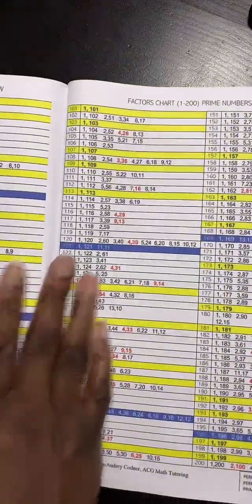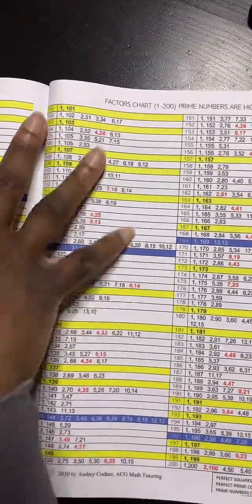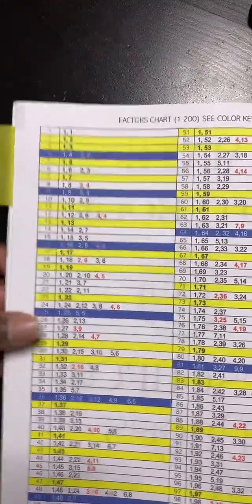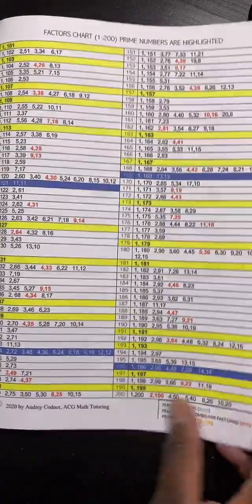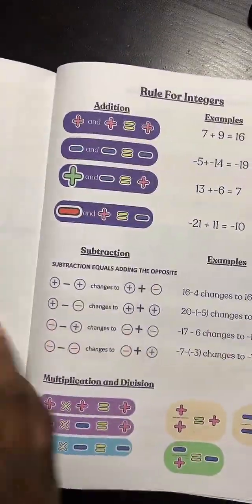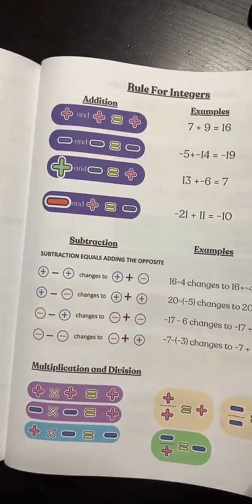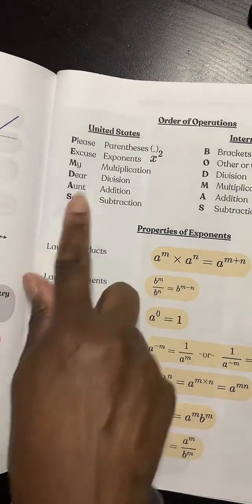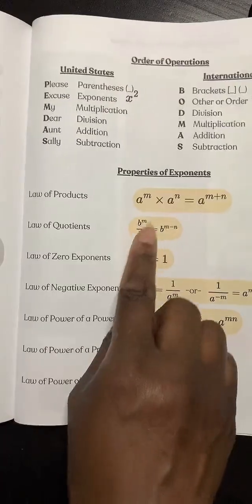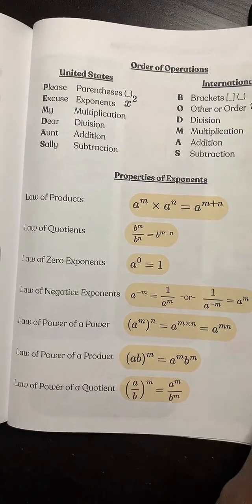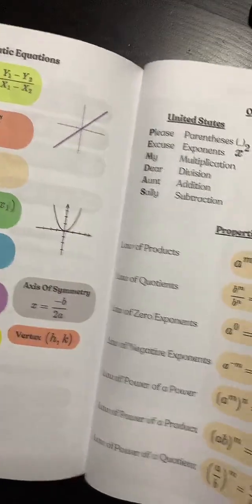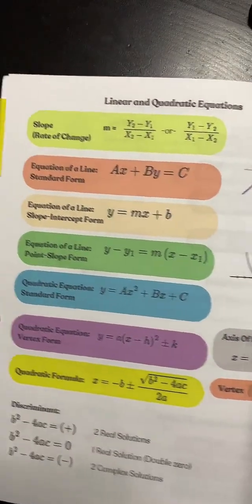Now, if you're unsure about your multiplication, I have factor sheets. All the factors from 1 all the way to 200 are in here, as well as the rules of integers and the order of operations. We got our properties of exponents. I'm going to actually put the logs in here for the next couple ones.